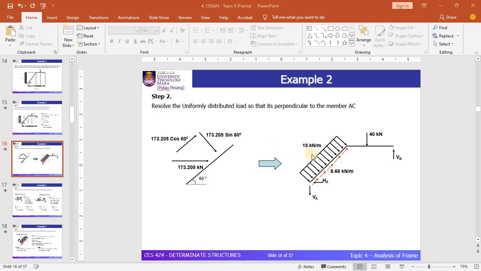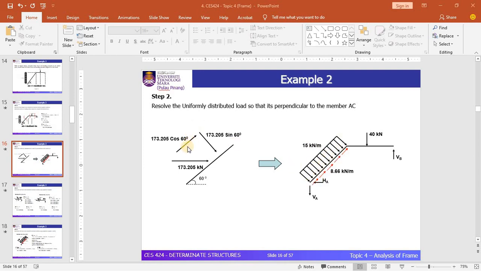So to get this UDL of 15 kilonewton per meter, you can divide this value of 173.205 sin 60 by 10 meter. Okay, so you get 15 kilonewton per meter, which is a UDL perpendicular to this slanting member.